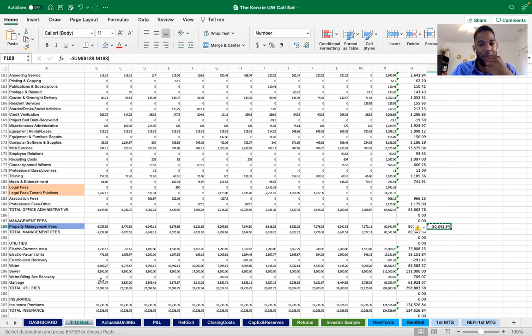Not really. This fee is just what the company is charging you to manage the property. It's usually like 3% to 5%, depending on the size of the deal, and it covers their internal costs to provide that service, as well as the profit they need to make.